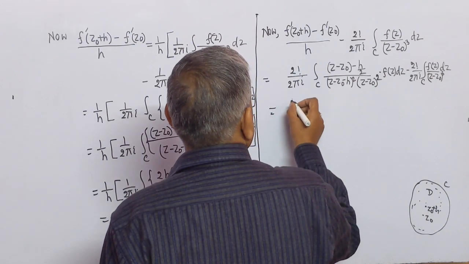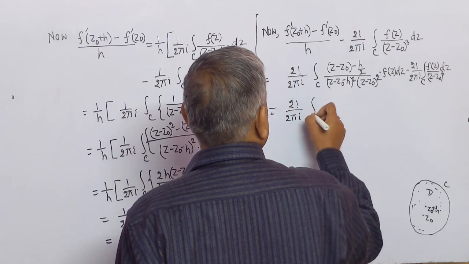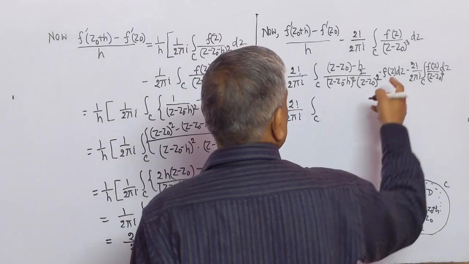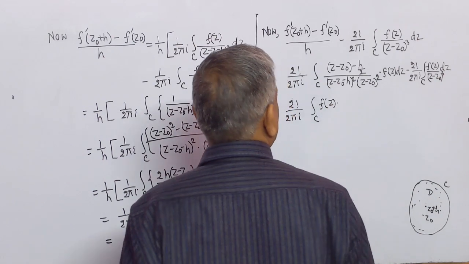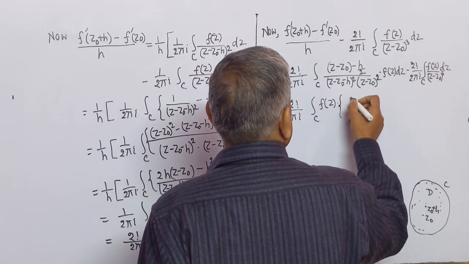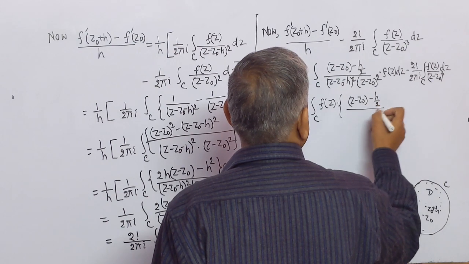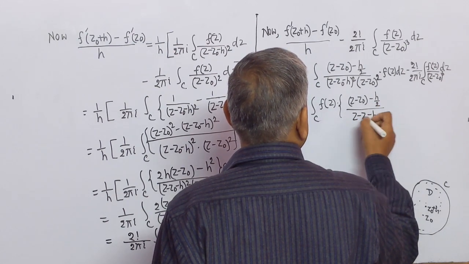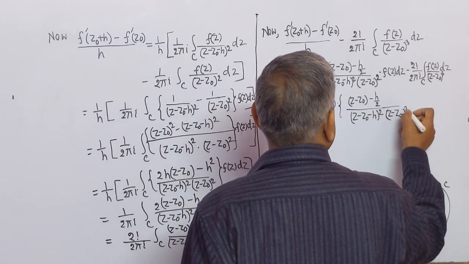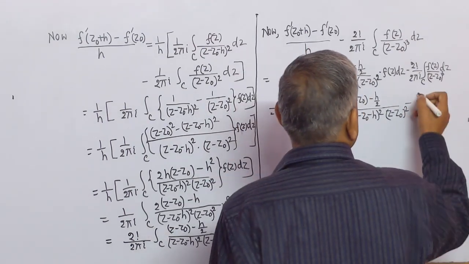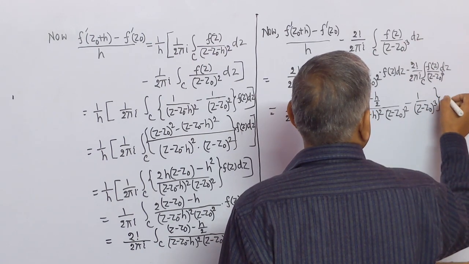We take common factorial 2 by 2 pi i, integration along the curve C, f(z) multiplied by [(z minus z naught minus h by 2) by (z minus z naught minus h) whole square (z minus z naught) whole square minus 1 by (z minus z naught) whole cube] dz.